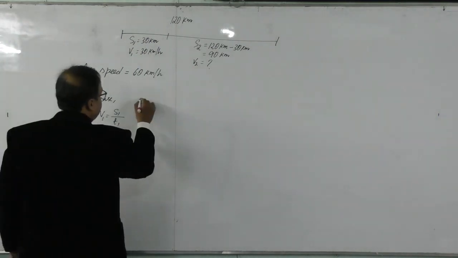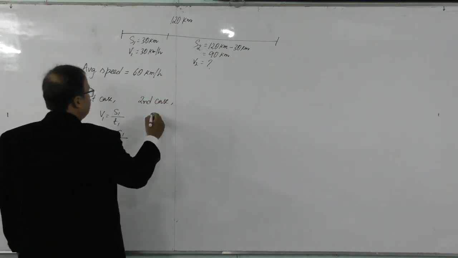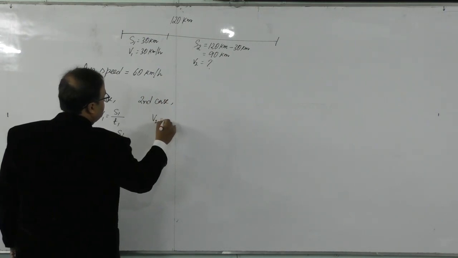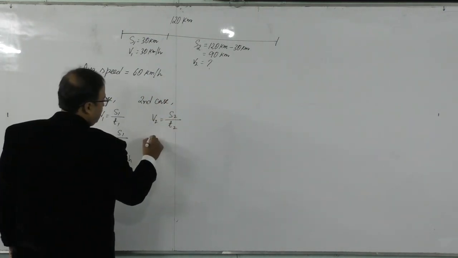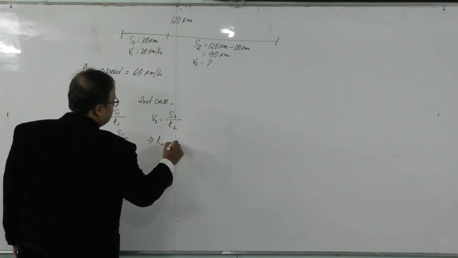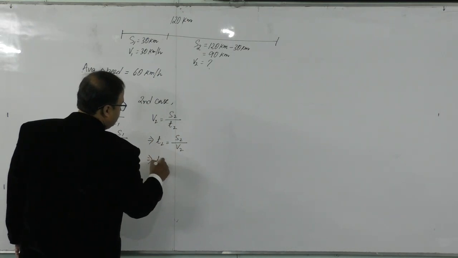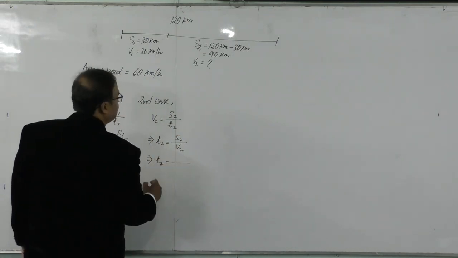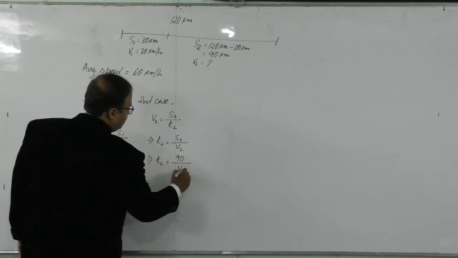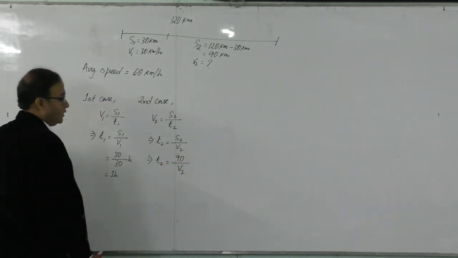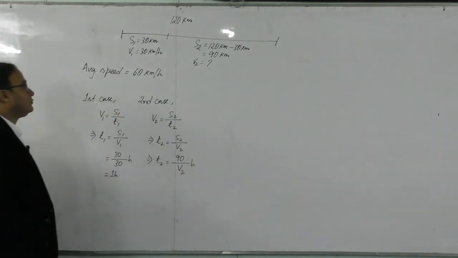Now in the second case we can write V2 is equal to S2 by T2, and T2 is equal to S2 by V2. S2 is 90, and V2 we have to find, so T2 is 90 by V2 hours.